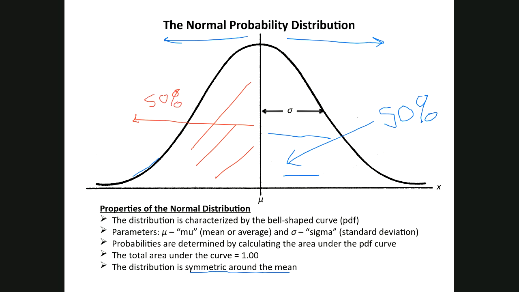So that's what we mean by symmetric around the mean. It's identical shape and identical probabilities on either side, which is an important fact as we start to use our distribution. Okay, so let's step to the next slide.